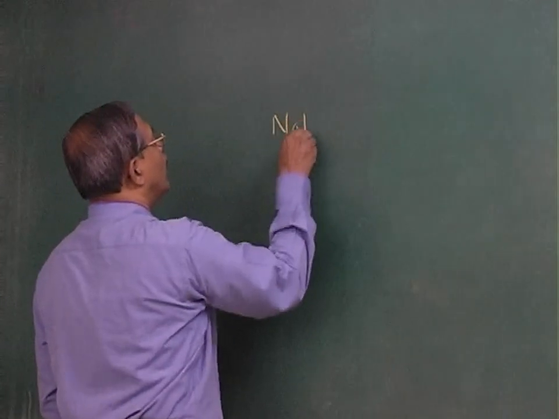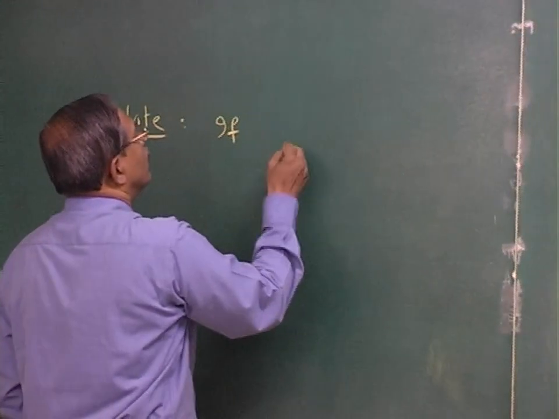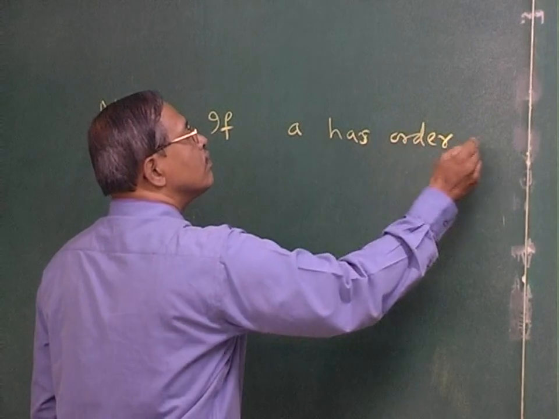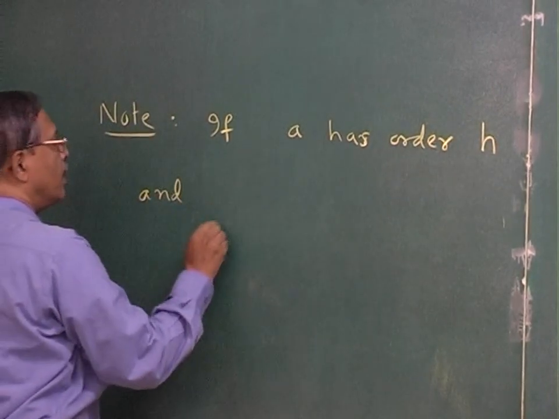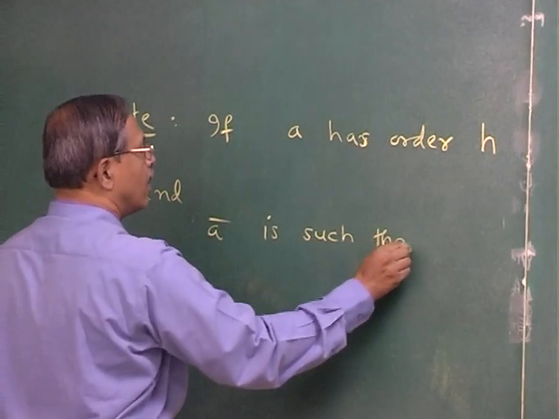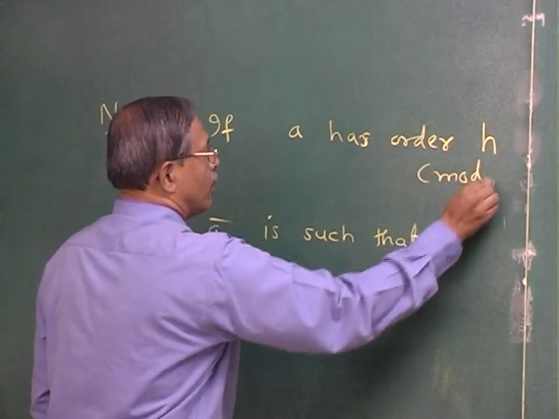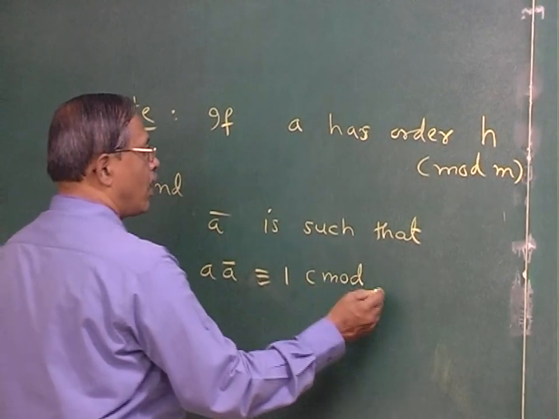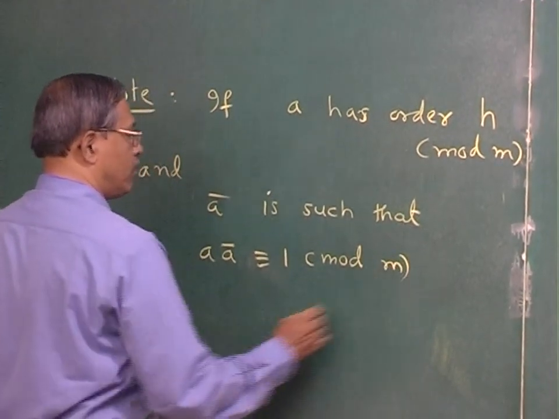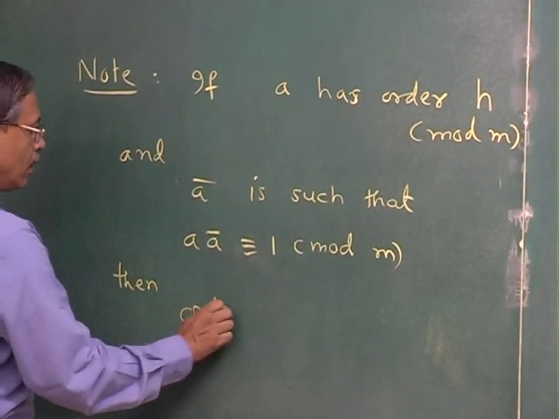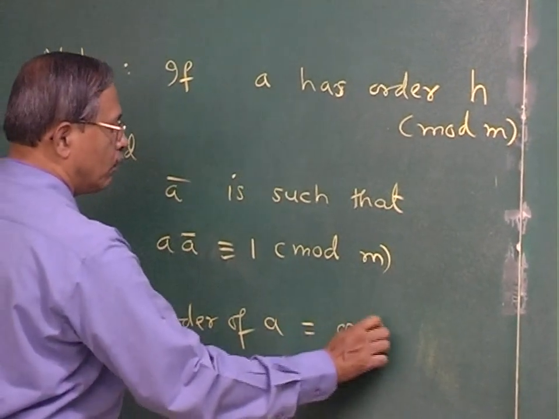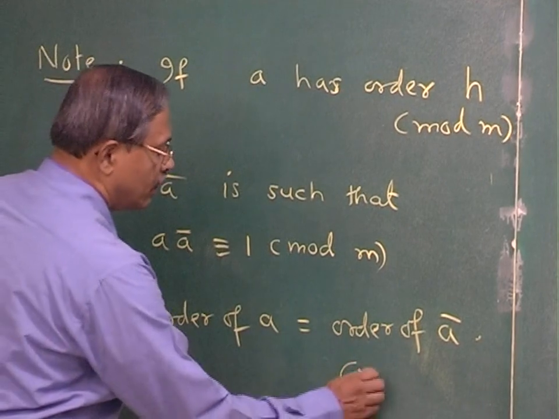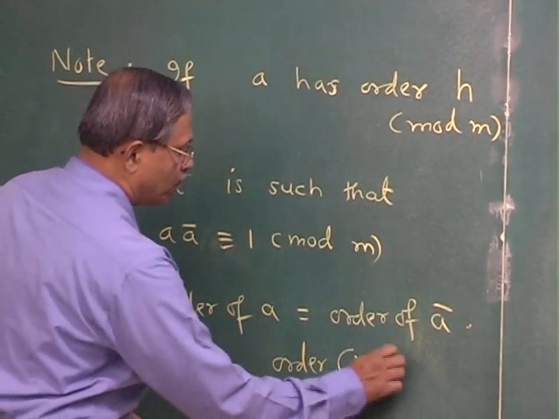So note, if a has order, let us say, h mod m, and a bar is such that a a bar is congruent to 1 mod m, then the order of a equals the order of a bar. Here we are considering order mod m.